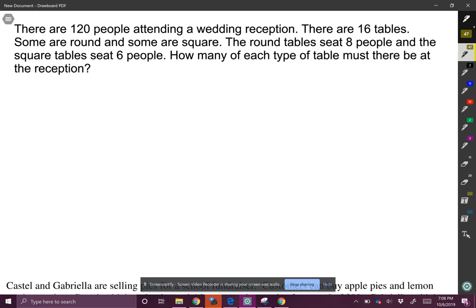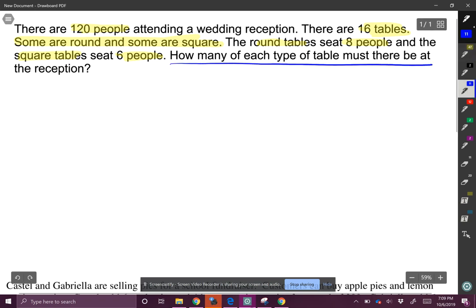To review that question, it says there are 120 people attending a wedding reception, and there are 16 tables. Some are round tables and some are square. The round tables seat 8 people and the square tables seat 6 people. And our question is really, how many of each type of table must there be at the reception?